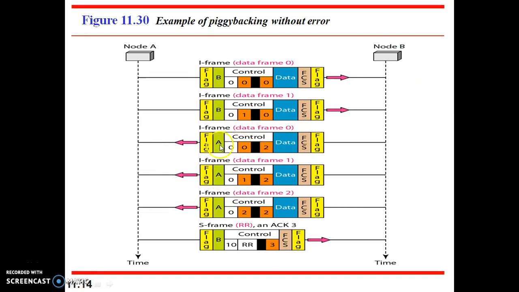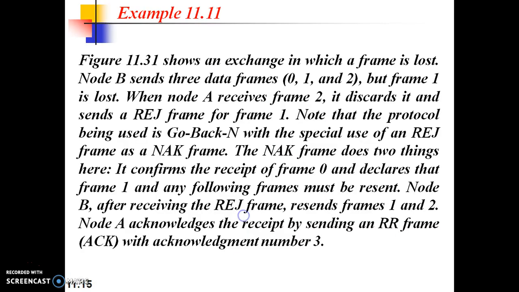Again you can see I frame, data frame 0, data frame 1, data frame 2. Again the S frame is sending a receive ready, that is the S frame sends a value 00, which is receive ready. So this is without an error.